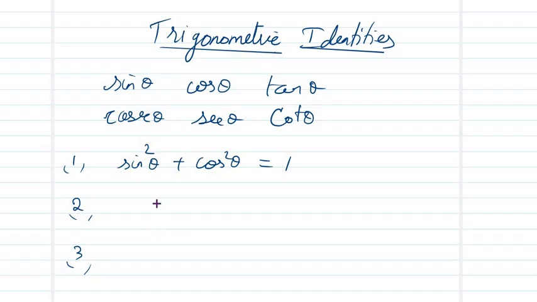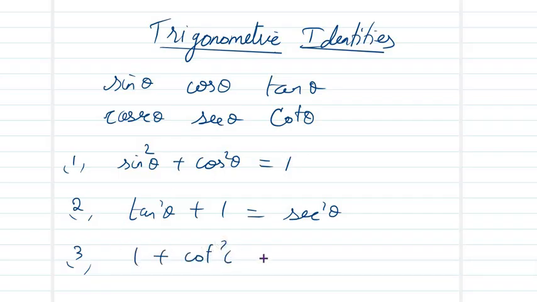Dividing this equation by cos square theta, you get tan square theta plus 1 equals secant square theta, and dividing the first equation by sin square theta, you get 1 plus cot square theta equals cosecant square theta.